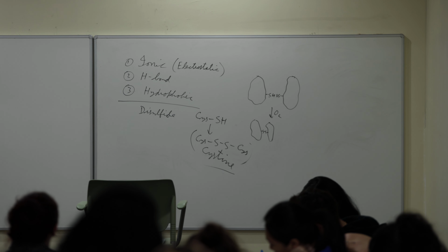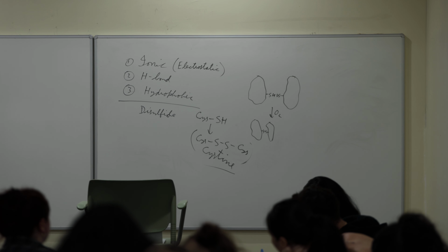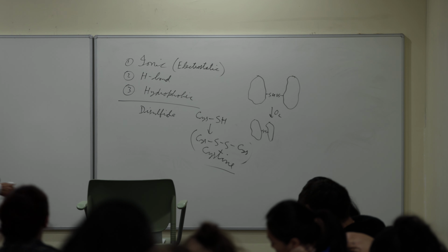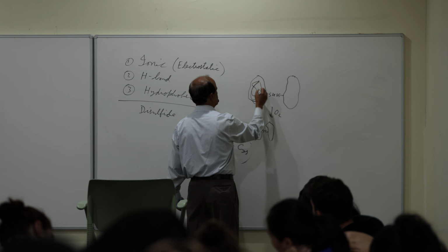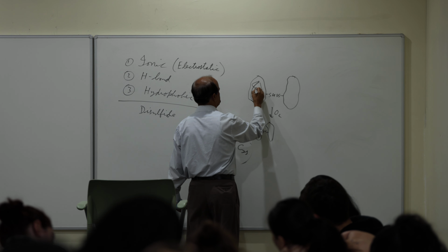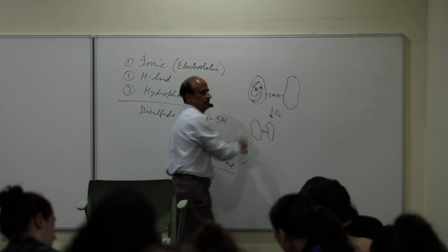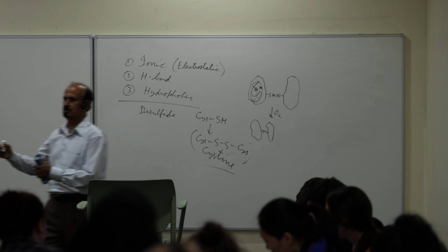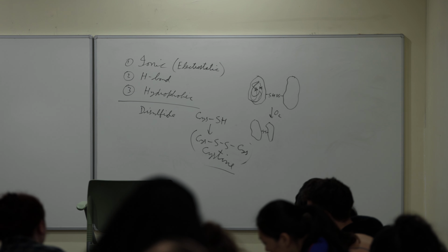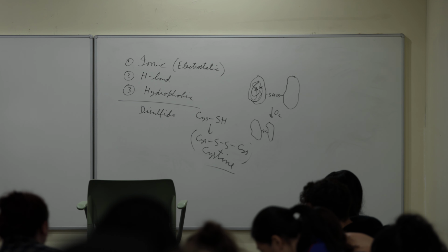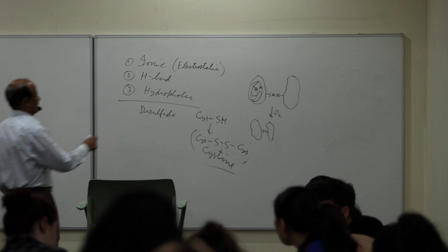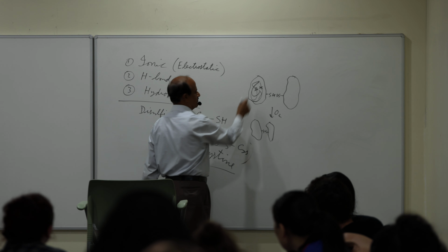And disulfides are present in proteins. In many cases they can be within the protein, where there may be an SH here and an SH here that are close to each other. So there may be two cysteines in two different regions of the chain, but in three dimensions they are close to each other, and they may form a linkage between them.